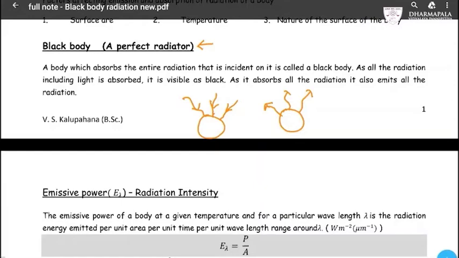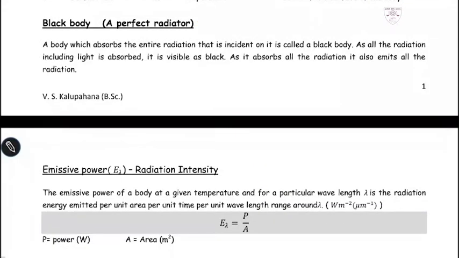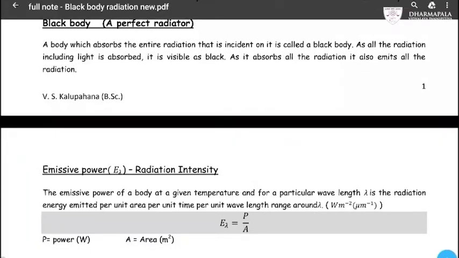The reason to call this a black body is that color comes from the wavelength which is being reflected. For example, you can see this object as red. Why?